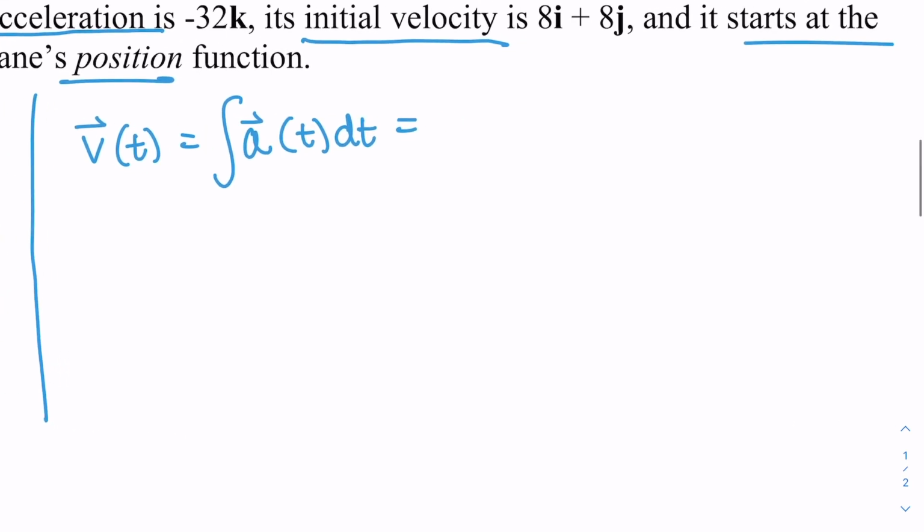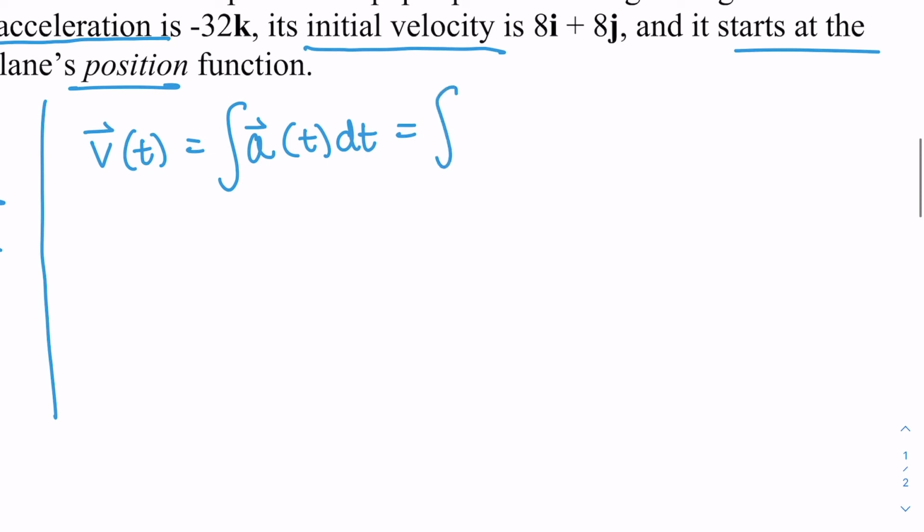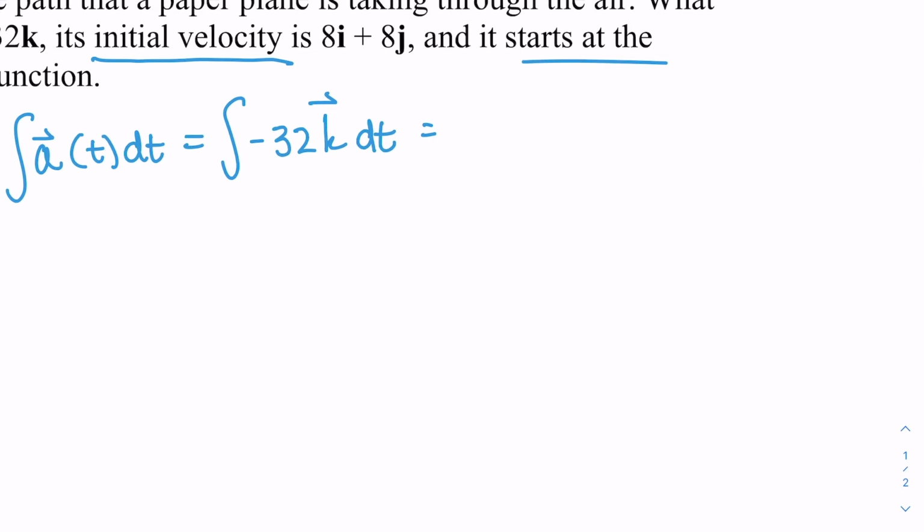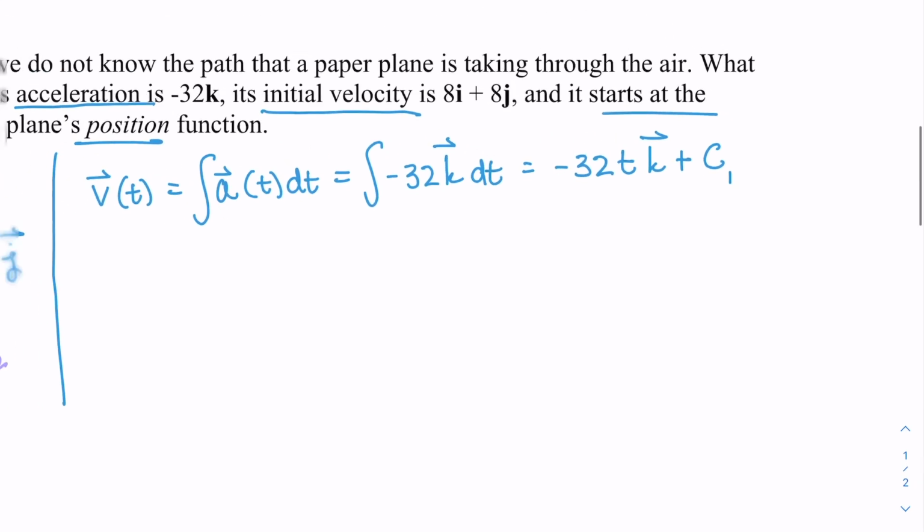That is the integral of negative 32k in the k direction dt. So all that is going to be is negative 32t in the k direction plus a constant. And I'll call that C1. Now we just got to find out what C1 is.